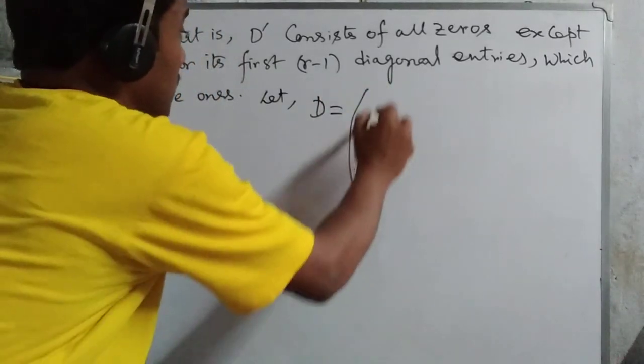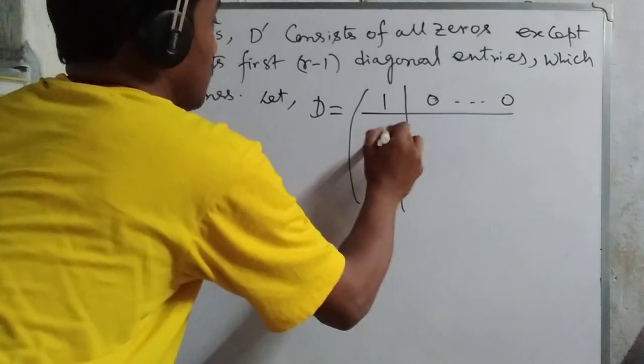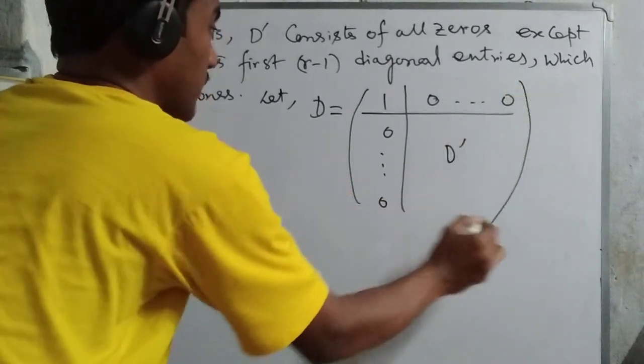Then obviously let D equal, in this way, 1 0 dot dot dot 0, 0 dot dot dot 0, and here d dash.